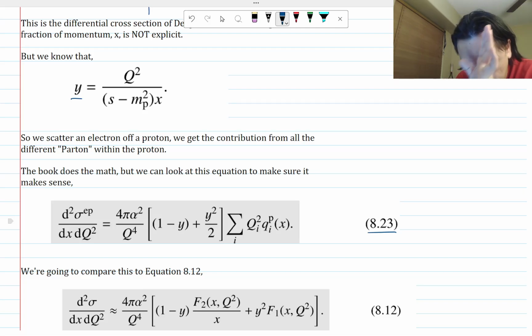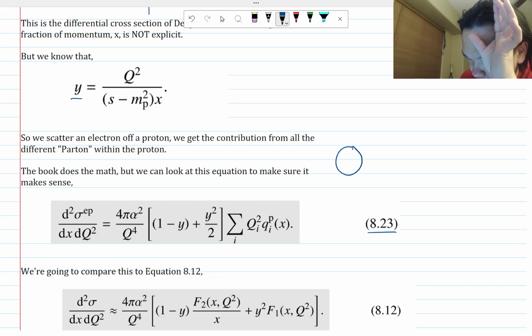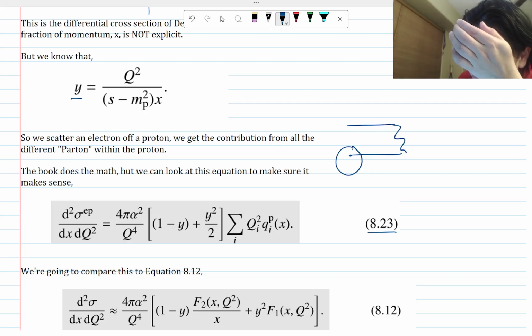When you're scattering, you have your proton coming in, this big circle is the proton, and then you have one particular quark coming in. Then you have your electron, and you have a photon exchange between them, and they go off in their new directions.